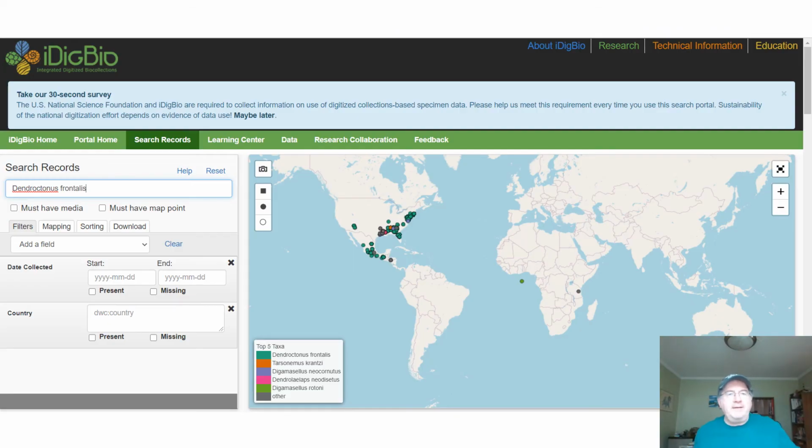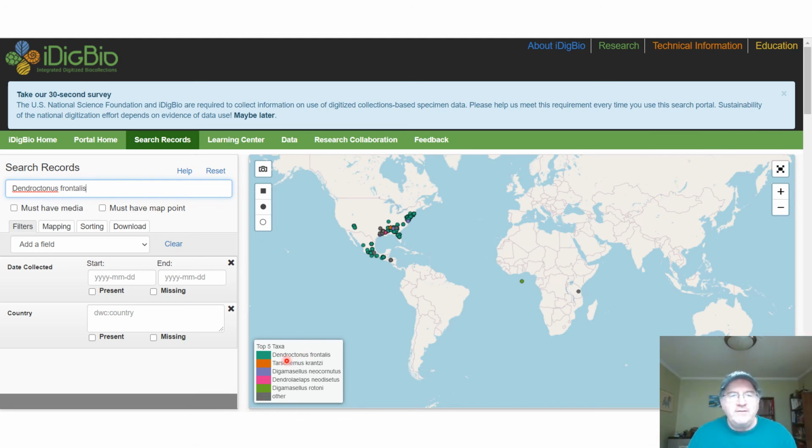This is an iDigBio interface doing the same thing, except this time I searched for the southern pine beetle, Dendroctonus frontalis, showing its distribution here. And I'm not going to zoom in or show you the details on this one. They have generally fewer records here. They thought it was interesting.